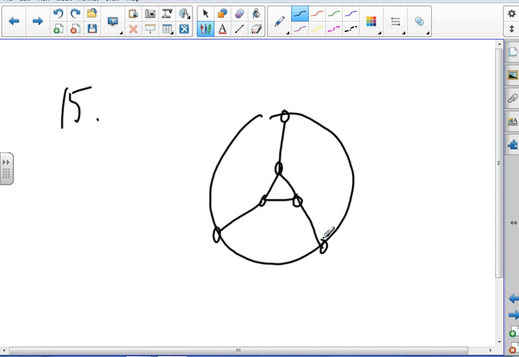And I got 10, 12, 11, 4, 5, 6, 2, 3, 7. And I got an A, a B, a C, a D, an E, and an F. All right, so I get a 4-0 for drawing the picture.